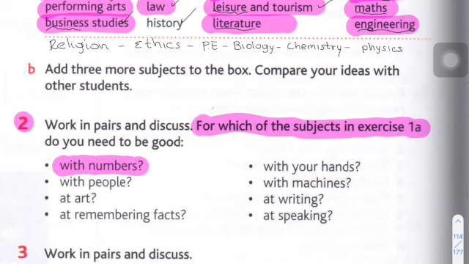So numbers are related to maths, so we're going to write here maths. To be good with people. So if you want to study, for example, medicine. To be good at art, I guess is performing arts.